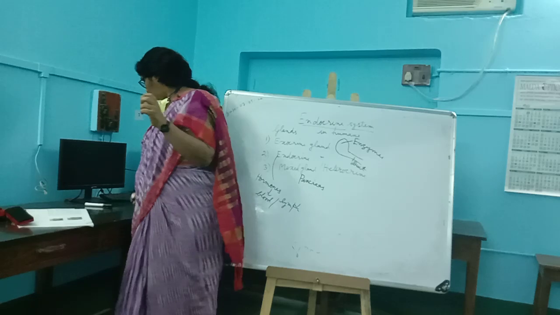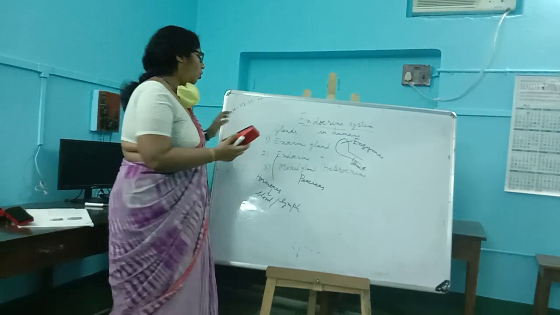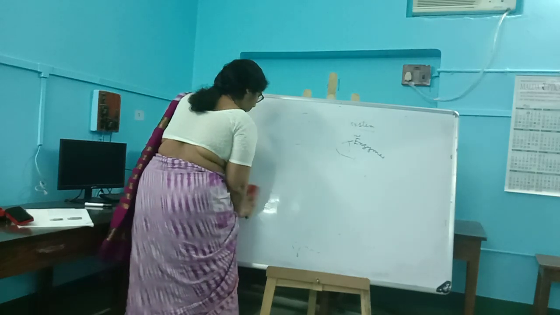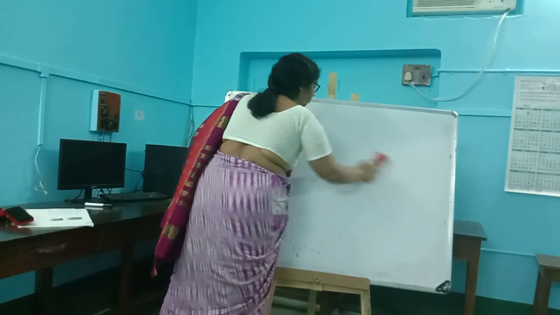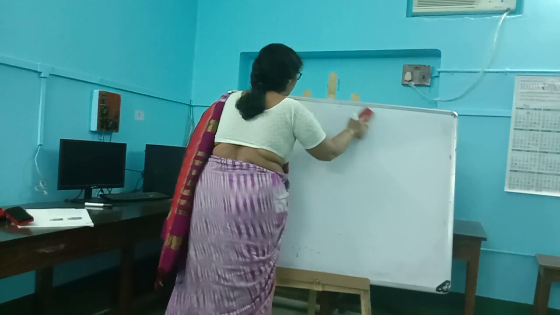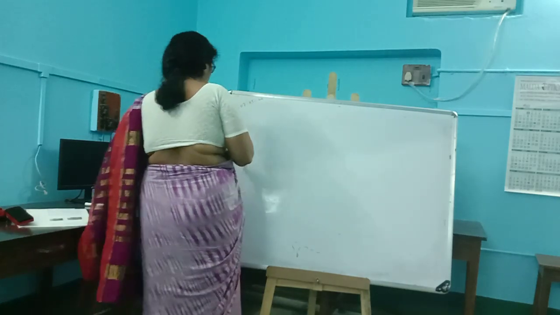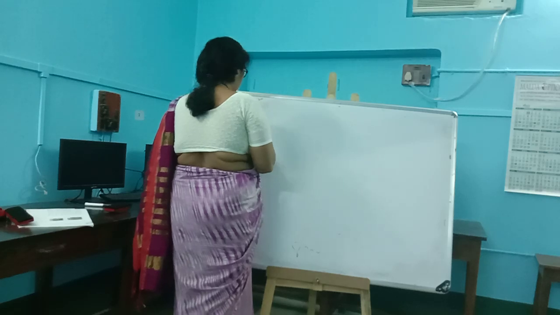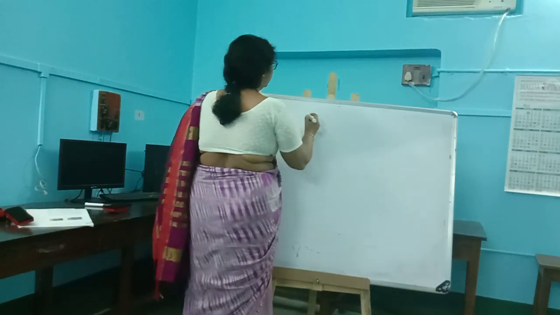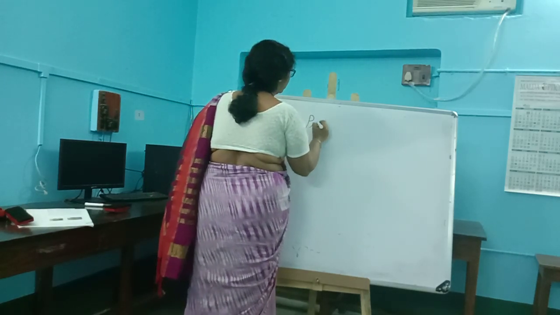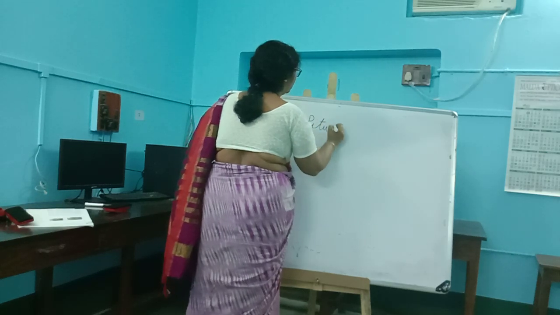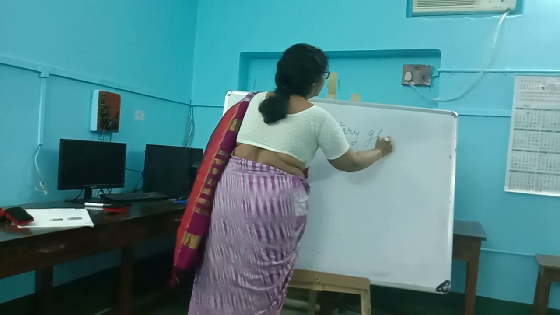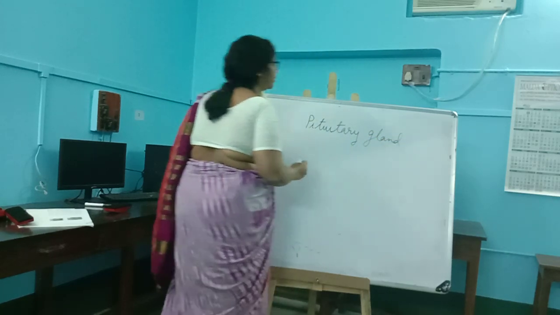So first you should know the location of each gland. First gland is pituitary. Pituitary gland, where is it located?